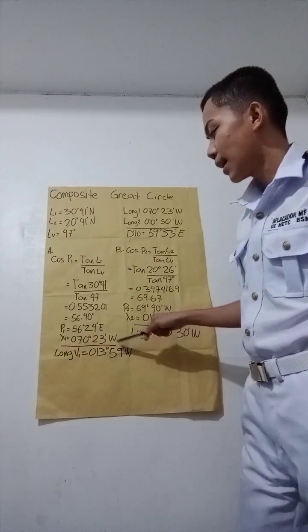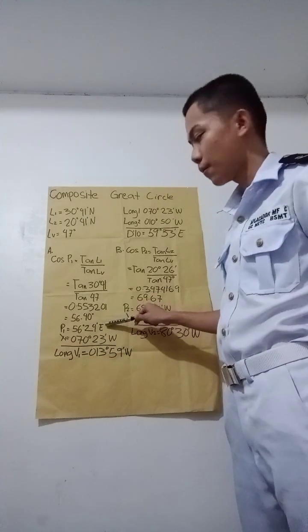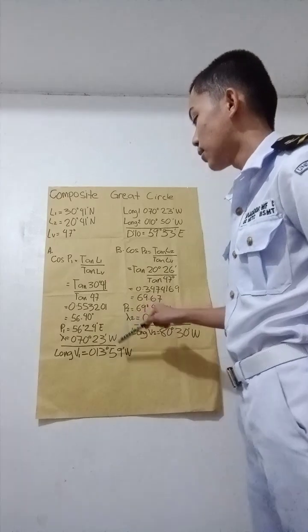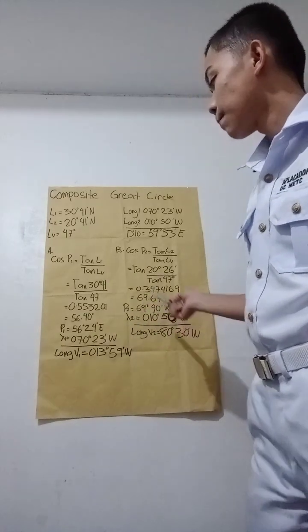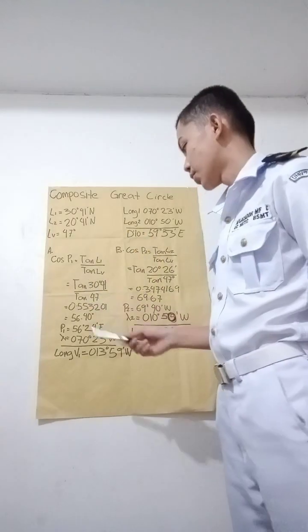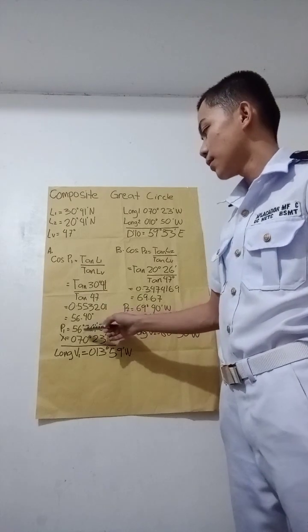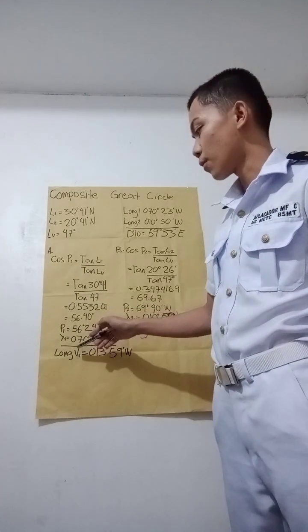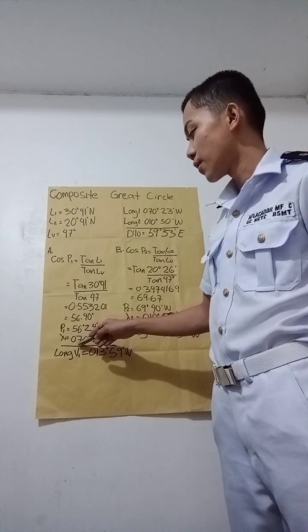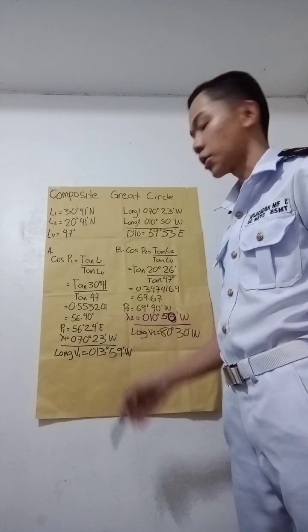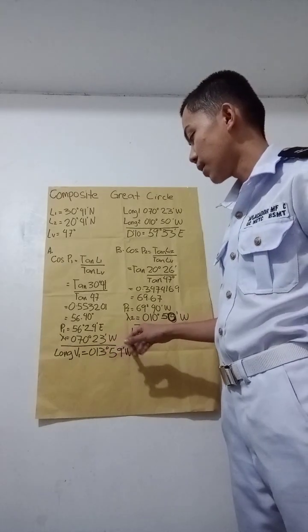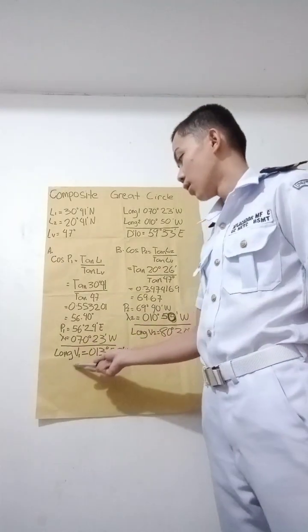Since the signs are different, we subtract. So our P1, 56 degrees 24 minutes minus our long 1, 070 degrees 23 minutes west, is equal to 013 degrees 59 minutes west. So this is our long V1.